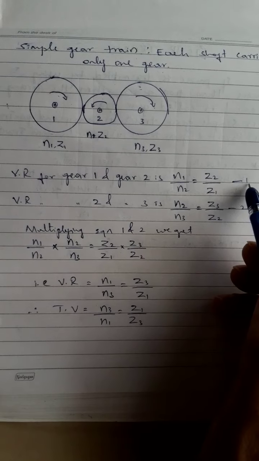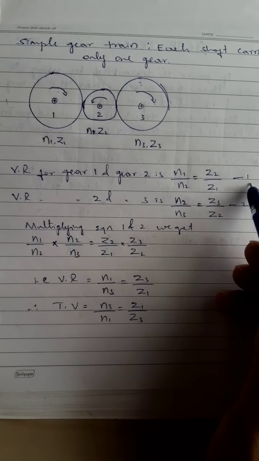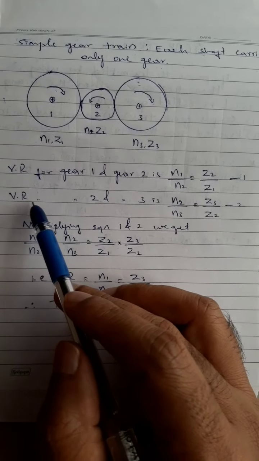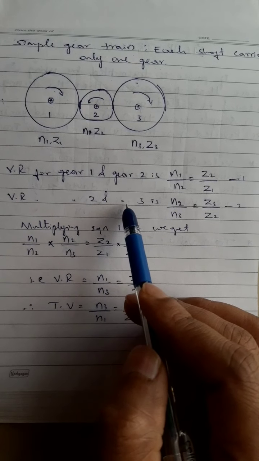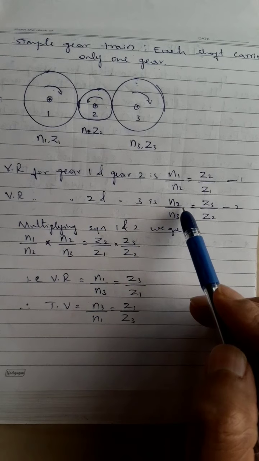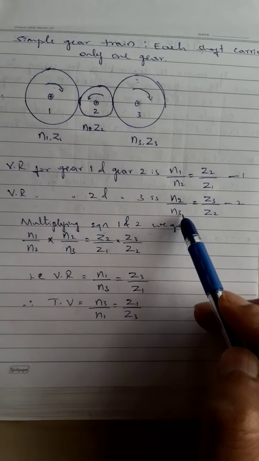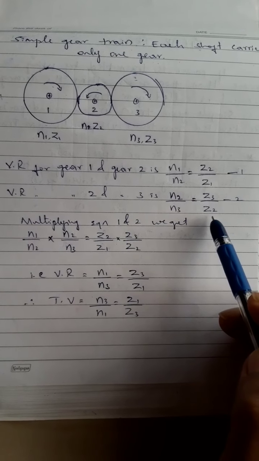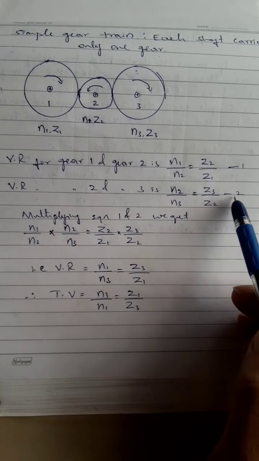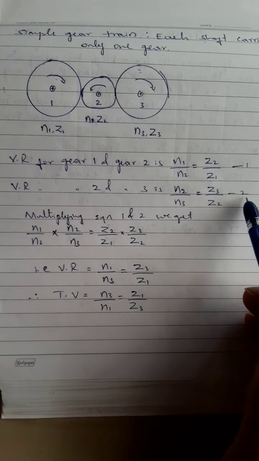Let us call this equation number 1. Similarly, the velocity ratio for gear 2 and gear 3 is n2 by n3, which can be written as z3 by z2. Let us call this equation number 2.